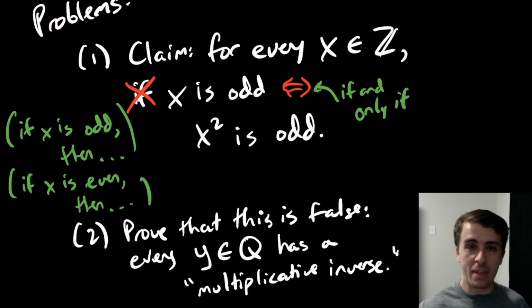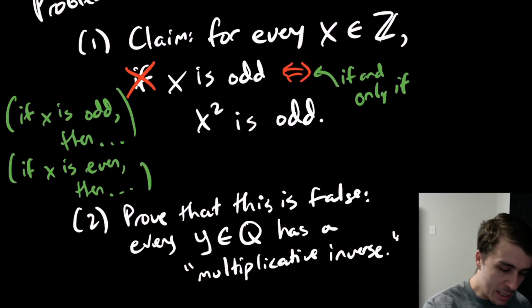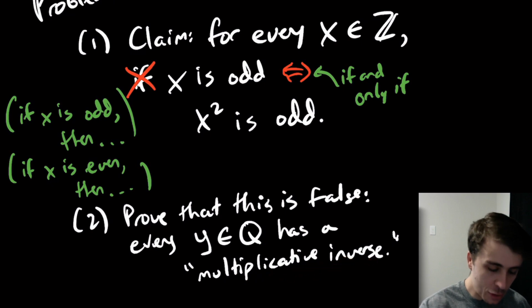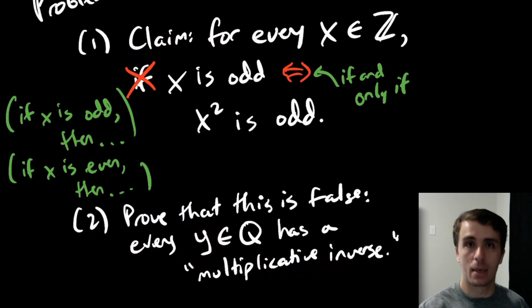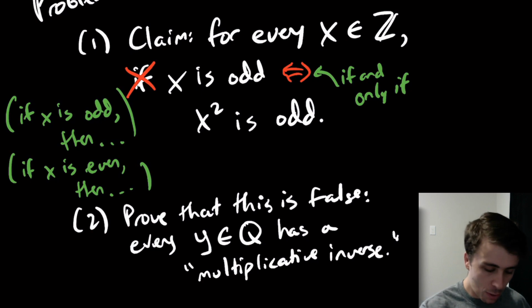And what that means is that there is some number, the inverse, that you multiply by y to get 1. So in some sense, there is a reciprocal of y.